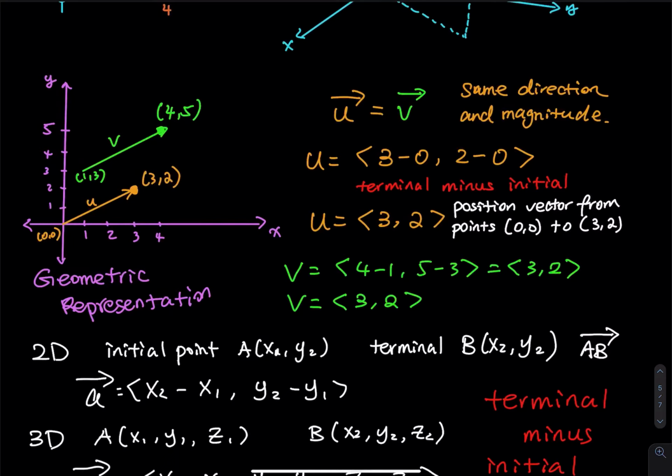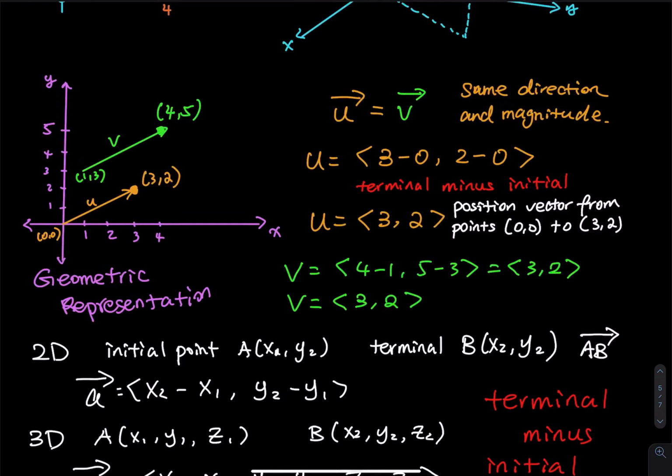So how do you find the components of vector u? Take a look at the orange vector. There are 2 points, right? A starting point and a terminal point. It starts at 0, 0 and terminates at 3, 2. When you find the component, you take the terminal point minus the initial point. You take x minus x, y minus y. The terminal point x is 3, the initial point x is 0, so you have 3 minus 0.